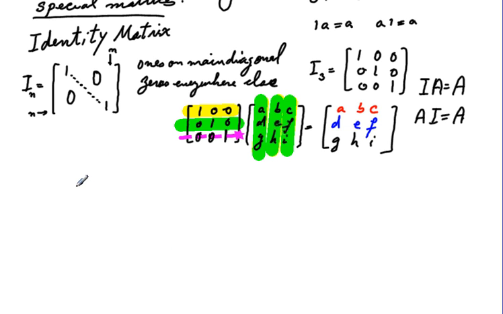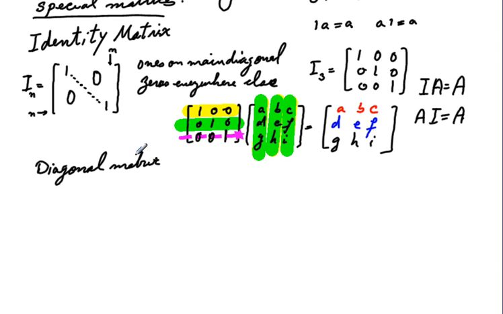Now, there are many other matrices not talked about in the text, but maybe it's as good a place as any to talk about them. The next matrix looks kind of like this, but not quite. It's called the diagonal matrix.